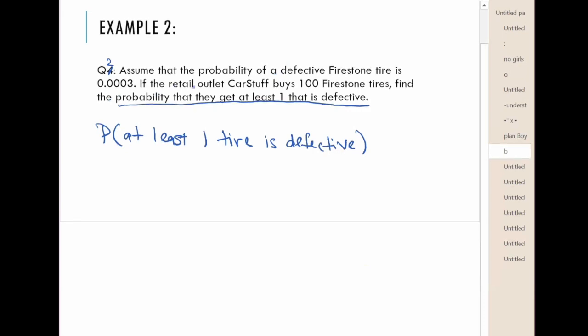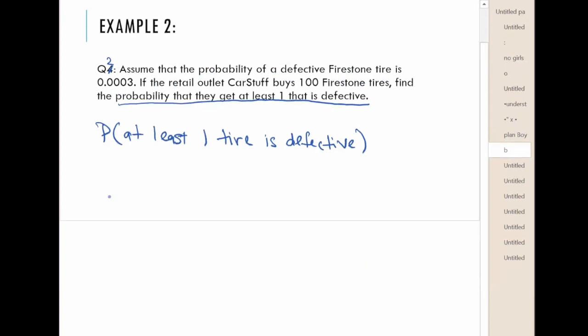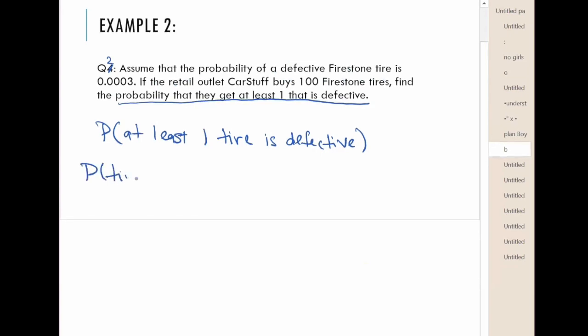So it says a tire is defective and it has a probability of 0.0003. So I'm going to write that here somewhere. I'm going to write the probability of a tire, and I'll put defective tire.